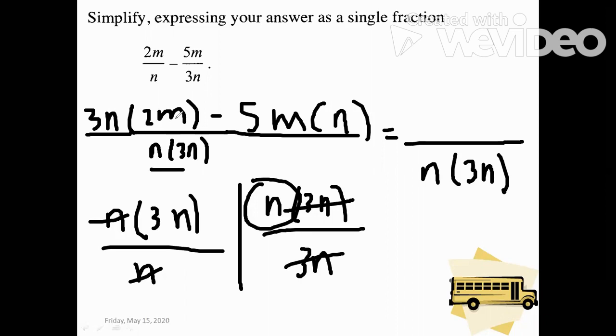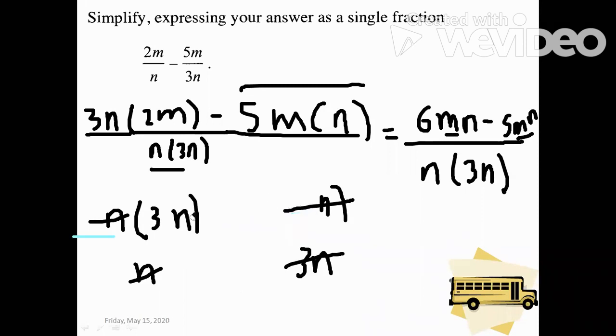So check this out now. 3n times 2m is 6mn. And this is going to be just 5mn. All right, sorry about this. I notice this is mn and this is mn. So those are what? Like terms.